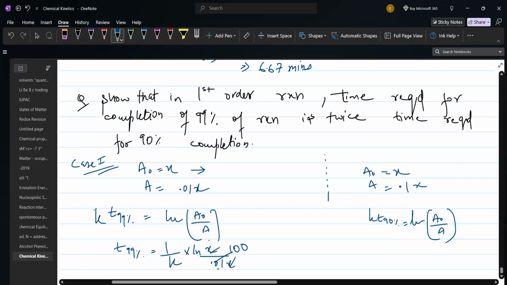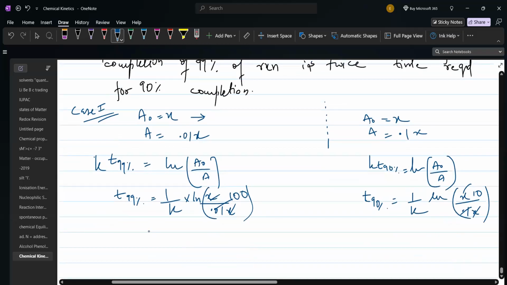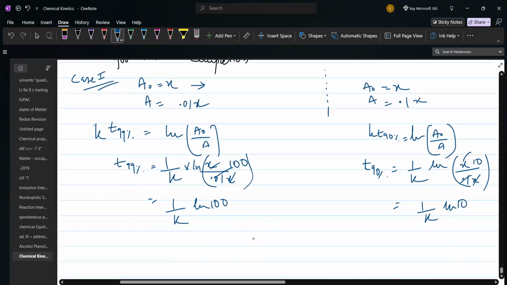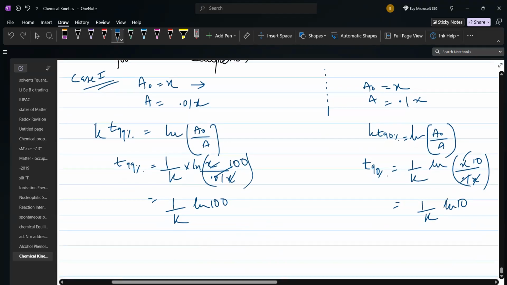We have left this ln thing. And similarly, on this side, it will be 1 upon K, and it will be ln. The value of A naught is x, value of A is 0.1x. This will cancel out and this will become 10, right? So this is like ln 100 upon K and this is like ln 10 upon K. Are we good till here?